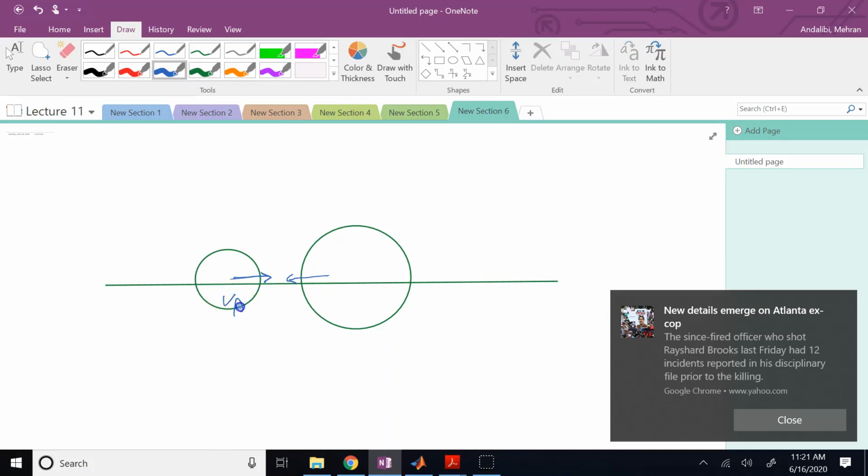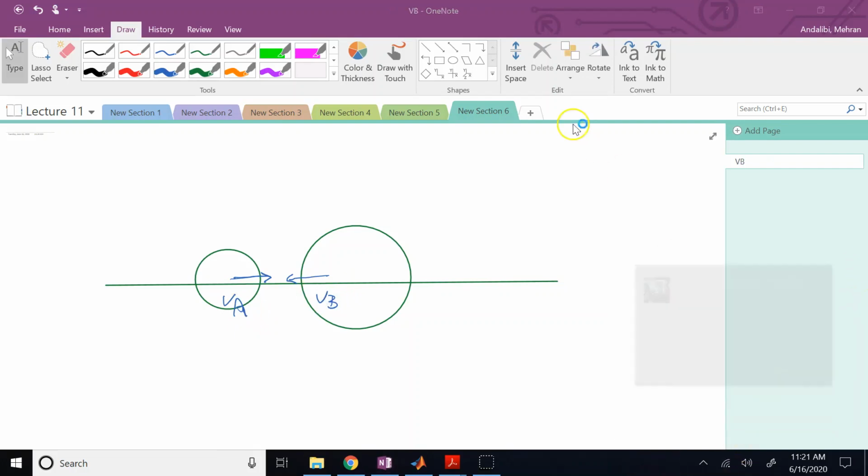So this is VA and this is VB, and this is also the line that connects the centers together, the red one. So V of A with respect to B, we know is VA minus VB, right? Relative velocity, what we learned at the end of chapter 13.